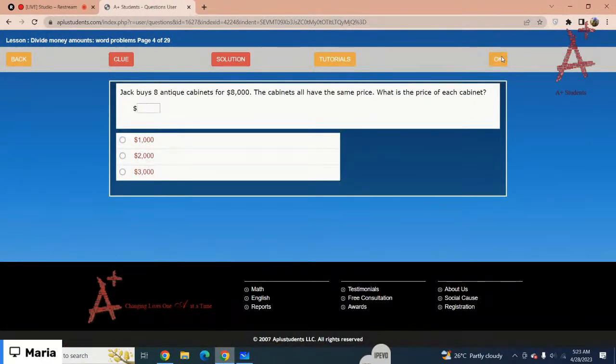Okay, Jack buys 8 antique cabinets for 8,000. The cabinets all have the same price. What is the price of each cabinet?